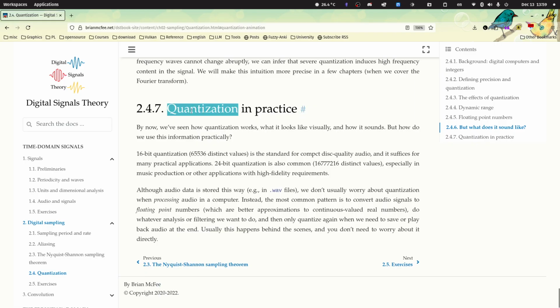Quantization in practice. 16-bit quantization is the standard for compact disc quality audio. It suffices for many practical applications. 24 bits are also common, especially for music production or other applications with high fidelity requirements.